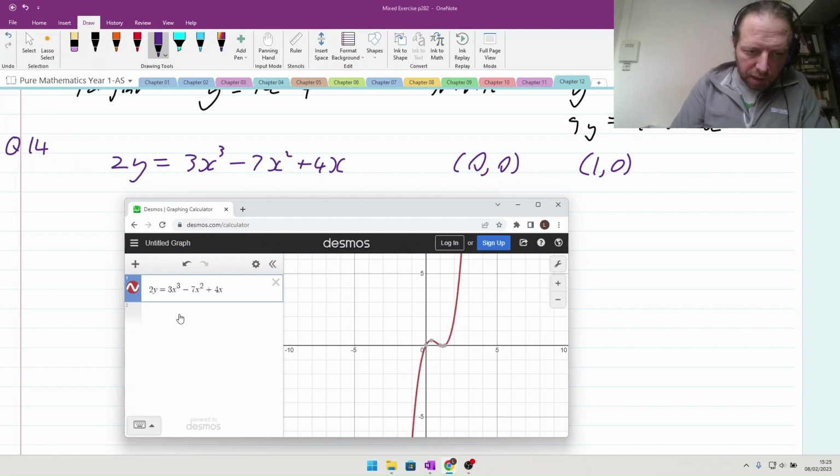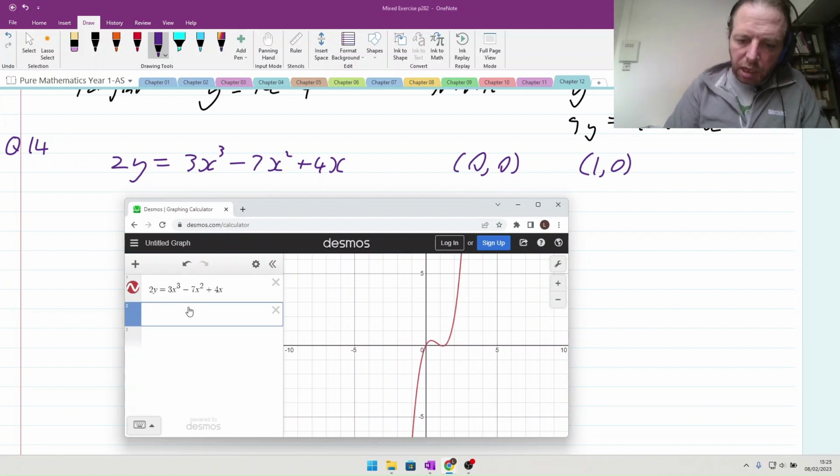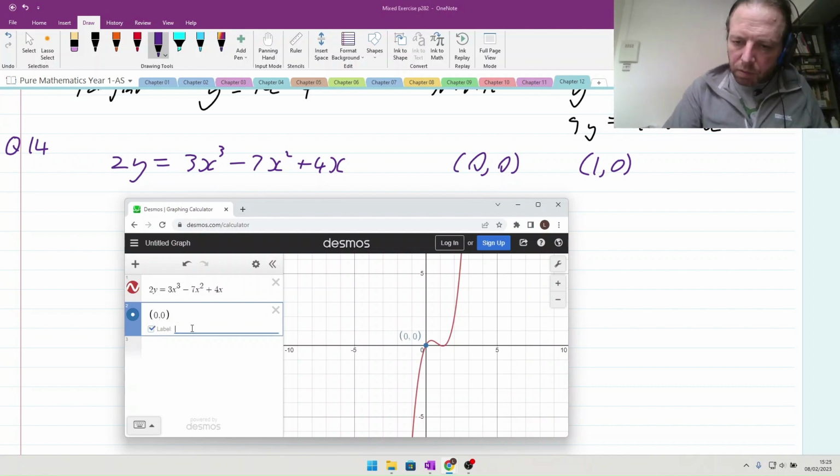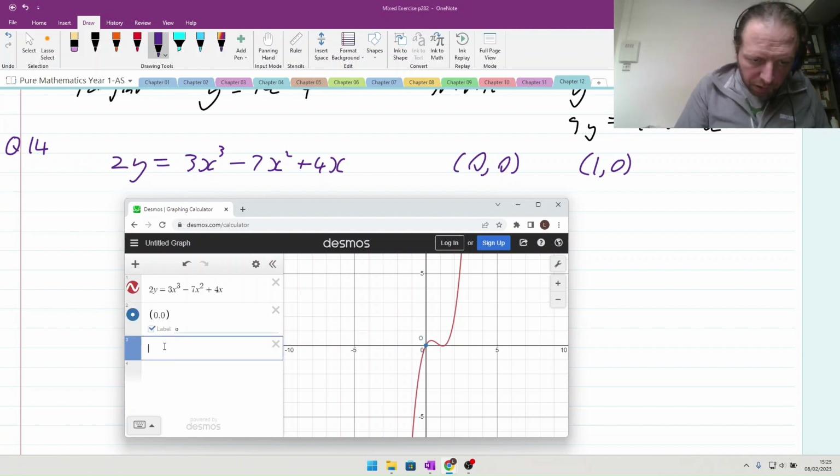We then have the point (0, 0), which they have called point O, which is just the origin, and we also have the point (1, 0), which they have called A.